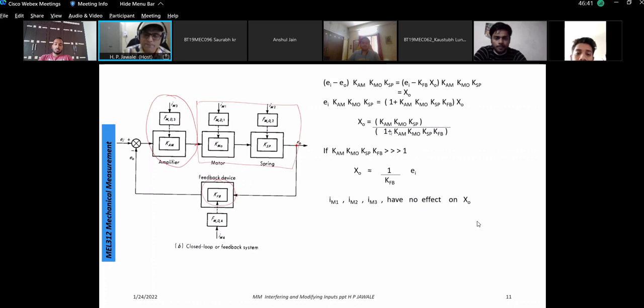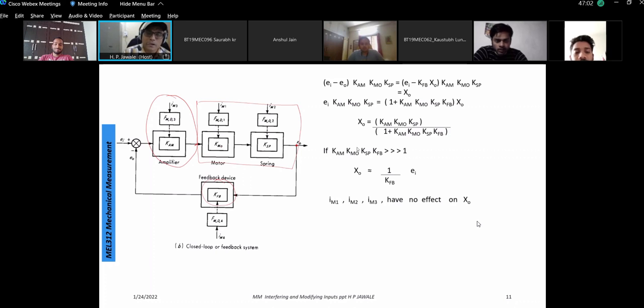Right. So here what I can understand is the output displacement XO will be proportional to the factor of amplifier, K motor, K spring, upon 1 plus KA into KMO into KSP into KFP.